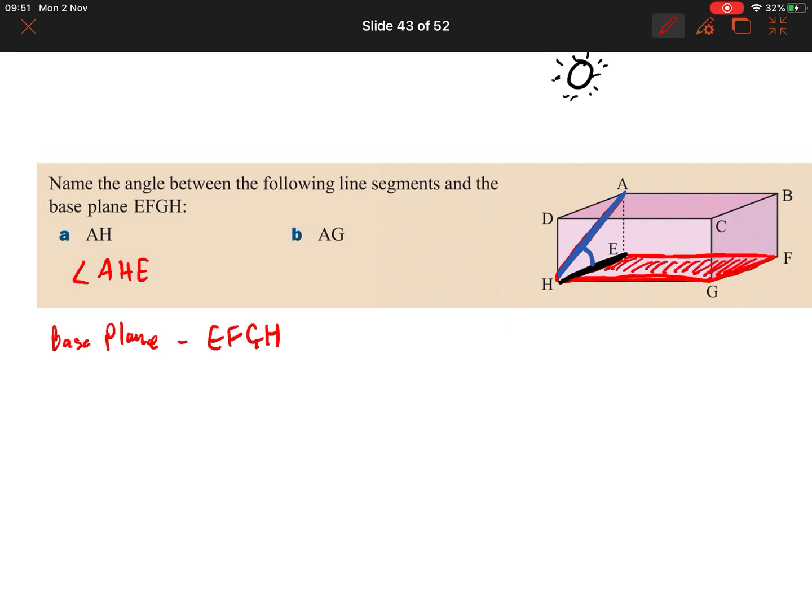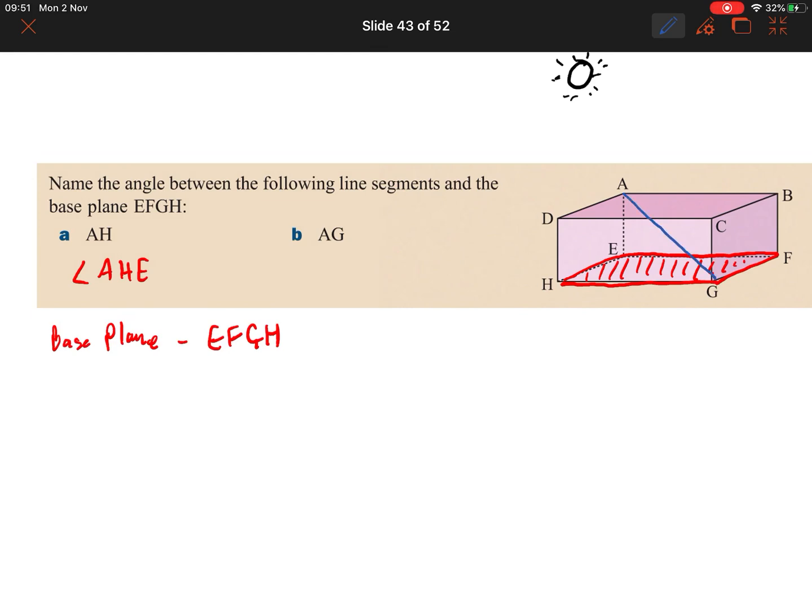Okay? Right, what about the angle between the base plane and the AG? Let's just delete it again. Okay, so here's my base plane. Okay, so let's just shade that in. And we also want the line segment AG.